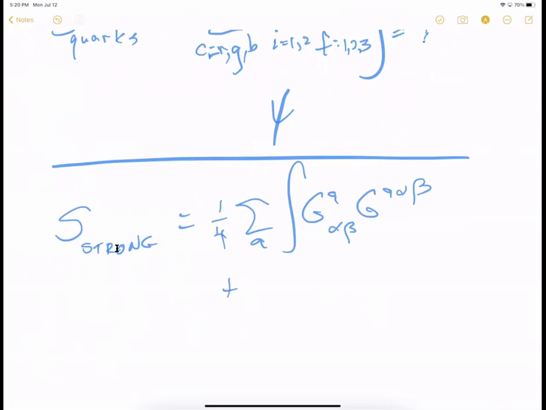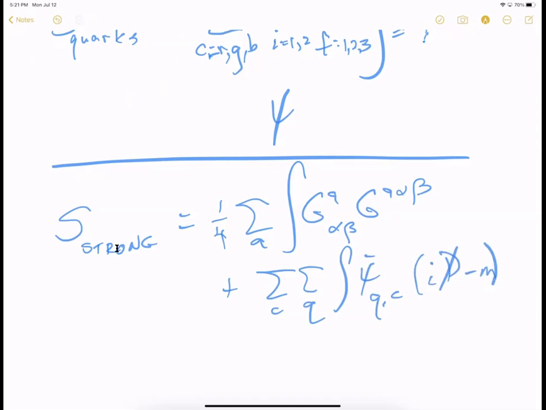And then we have a sum over colors and a sum over, let's just say, all the quarks, the different quark fields and the different colors. So we have something like this. Now, that's actually not too bad, because the gluon fields do just what you think. They change the color of the given quark.